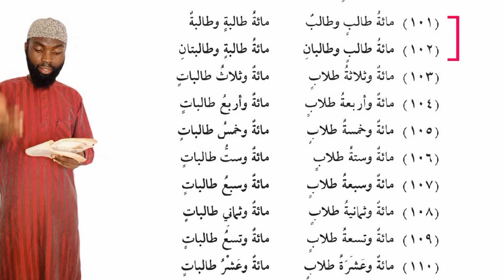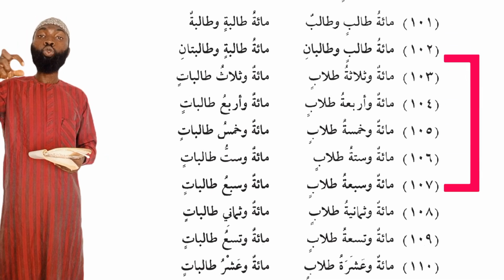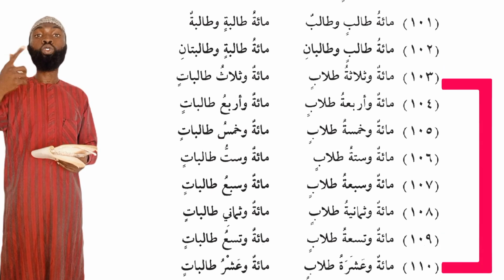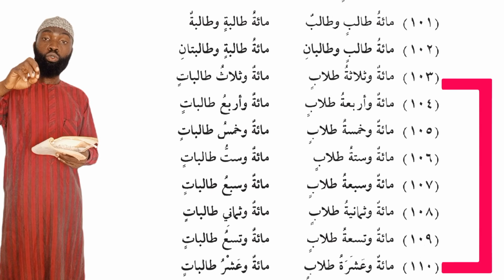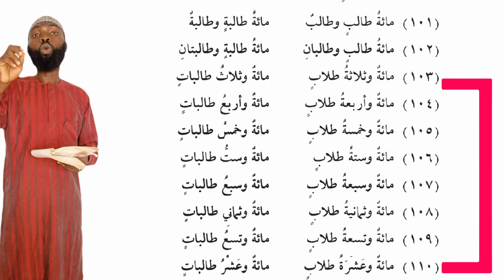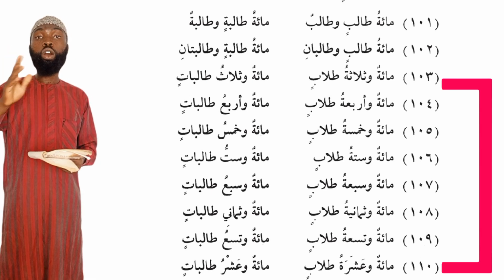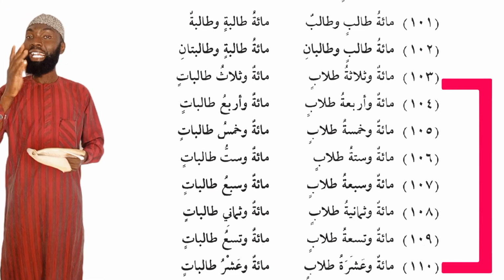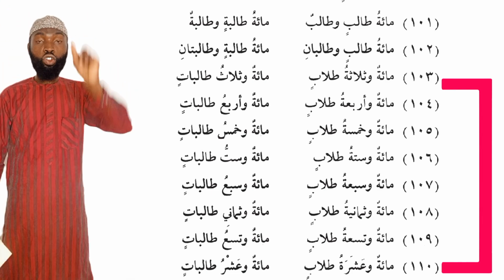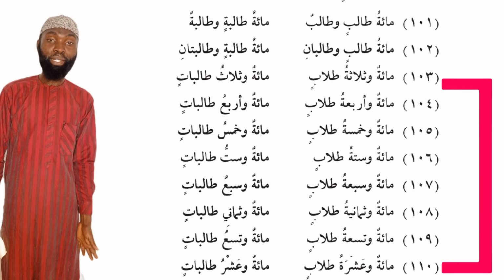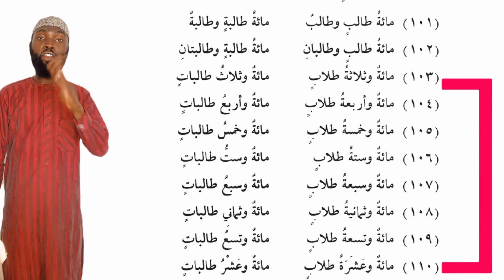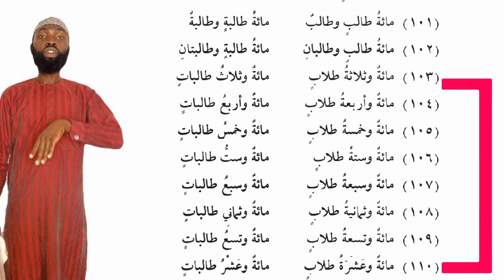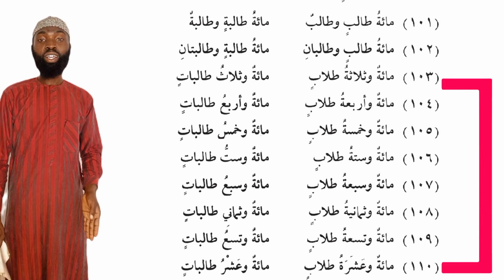For 103, mi'atun wa thalathatu tullabin, 103 students. So you go back to how you counted from 3 to 9 and add it only. So mi'atu 100, thalathatu tullabin, 103 students. For females, mi'atu talibatin, mi'atu is 100, wa thalathu talibatin.